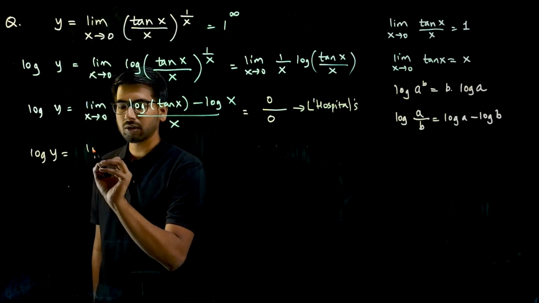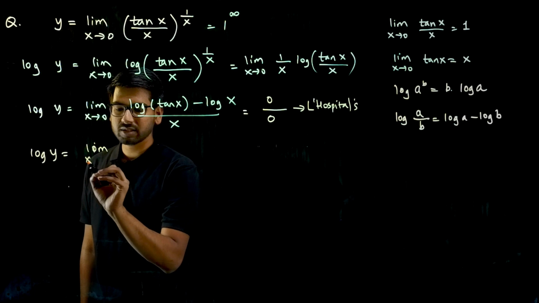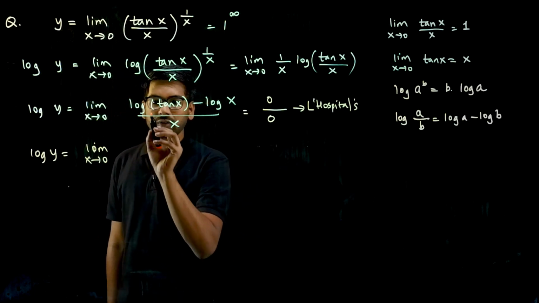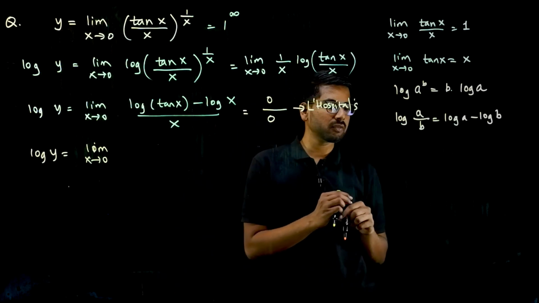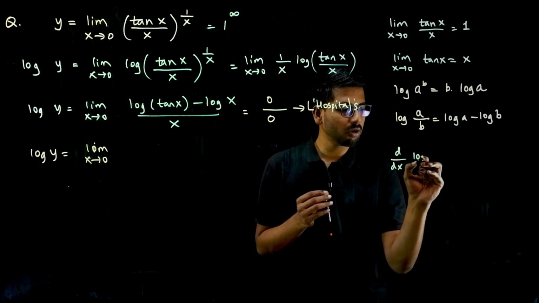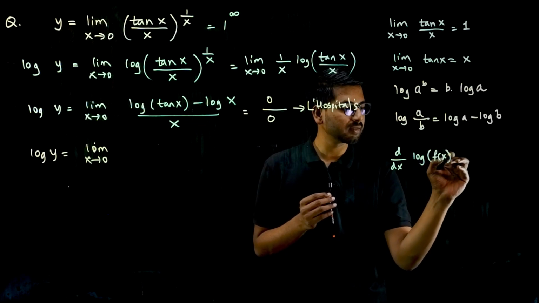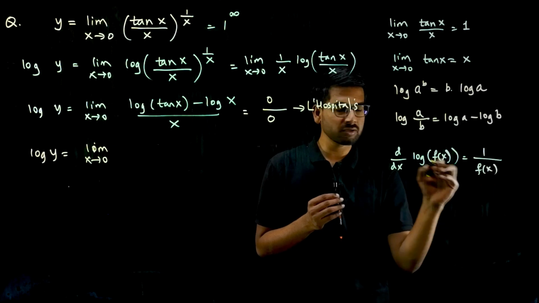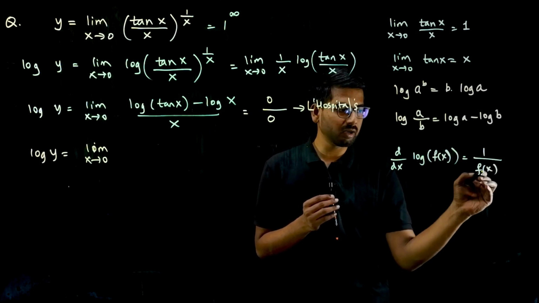So we'll get limit x tends to 0 of the differentiation of log of tan x. What is the differentiation of log of some function? If you have d by dx of log f of x, you can write this as 1 over f of x times the differentiation of f of x.